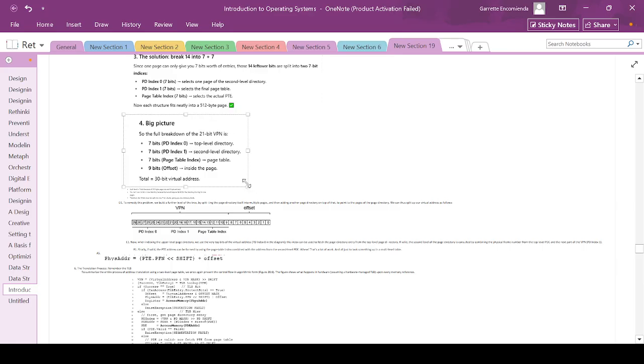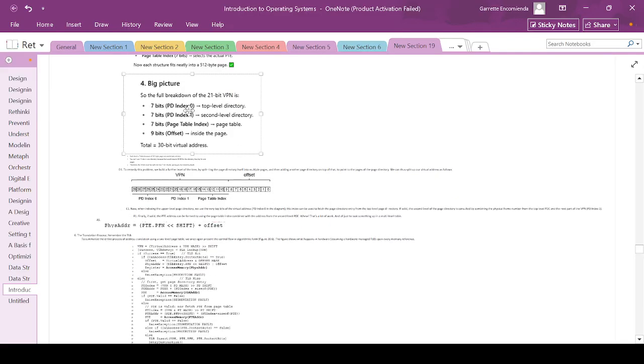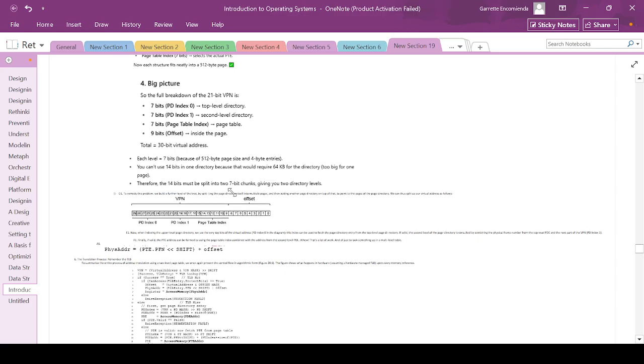Big picture. The full breakdown of the 21-bit VPN is 7 bits PD index 0, top level directory, 7 bits PD index 1, second level directory, 7 bits page table index, page table, and 9 bits offset inside the page, for a total 30-bit virtual address space. That 9 bit offset came from the 512 byte size.